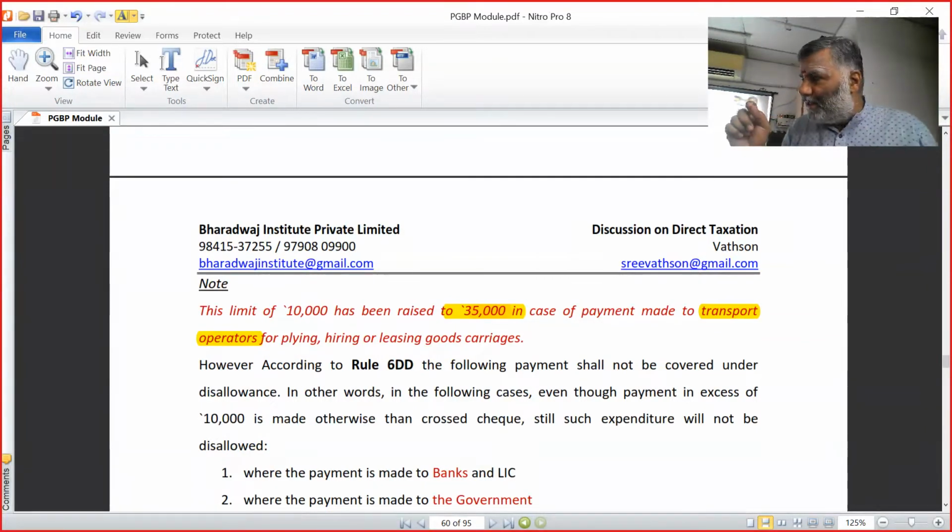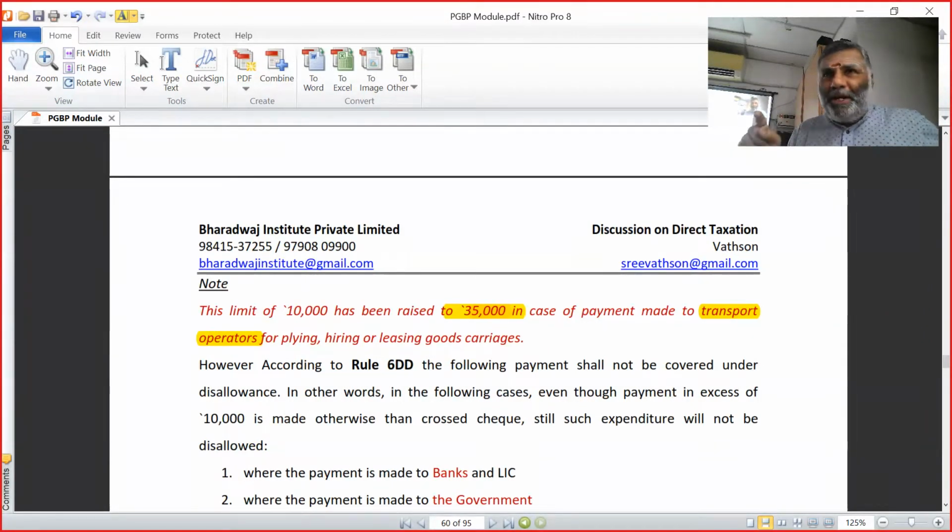If a resident transporter gives two things, one, a declaration that he does not own more than 10 vehicles, second, PAN, then no TDS for him.